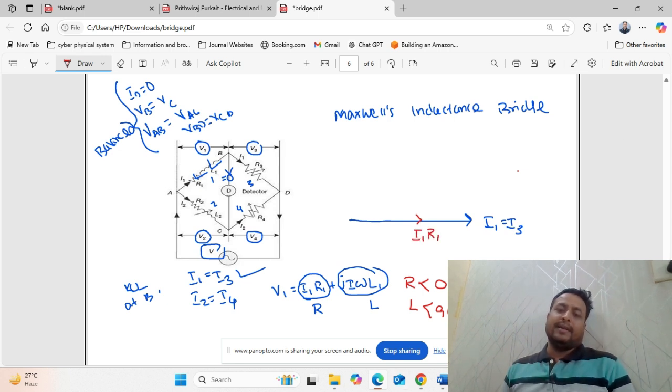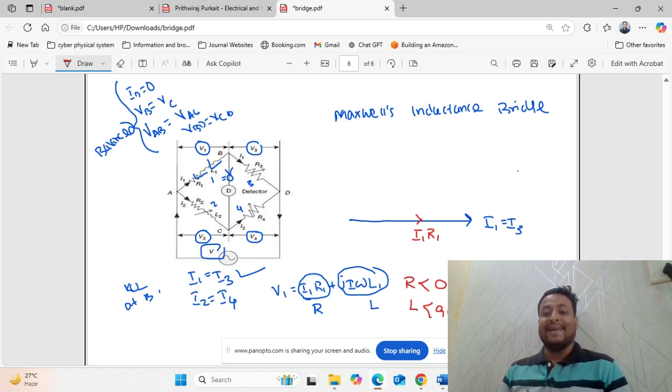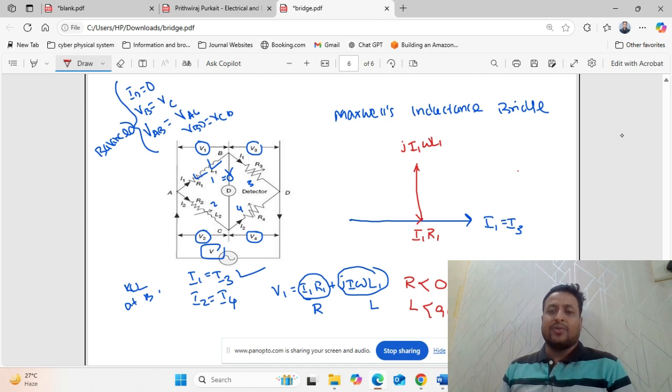In an inductance, the current lags the voltage by 90 degrees, which means the voltage leads. So we draw j I1 omega L1. So I1 R1 plus j I1 omega L1.